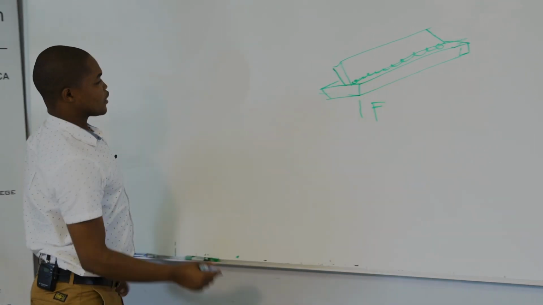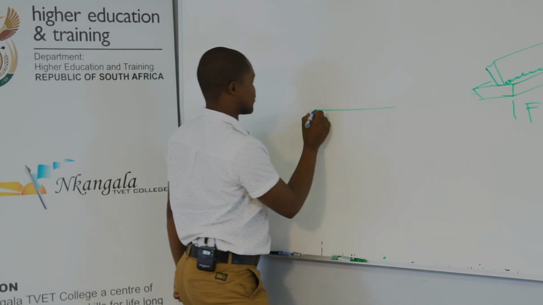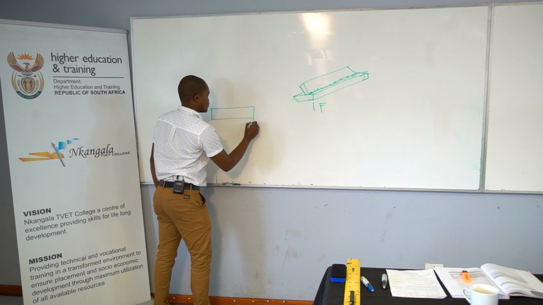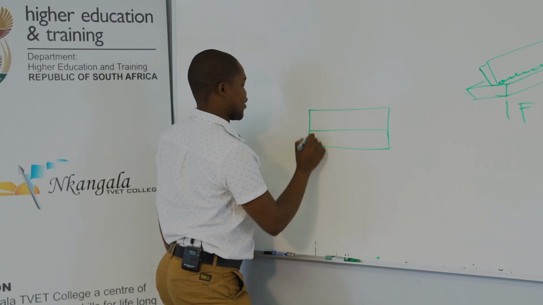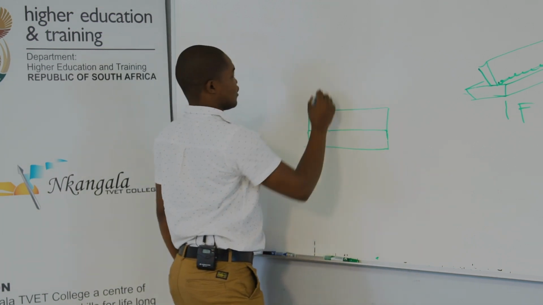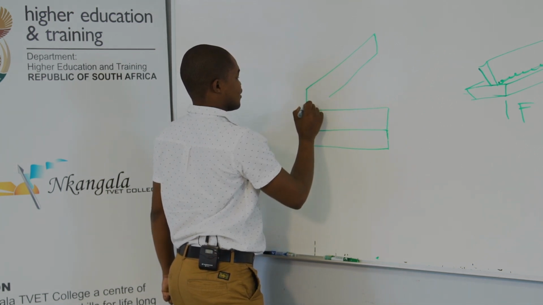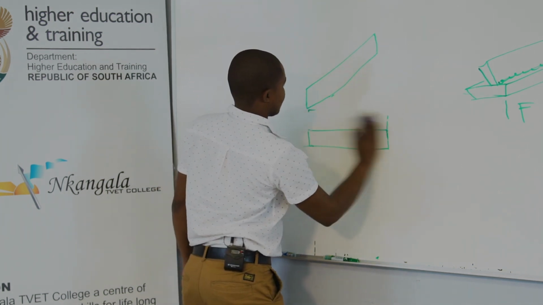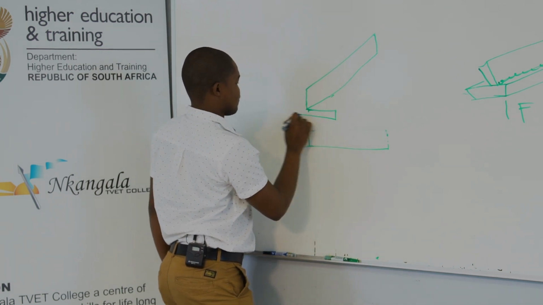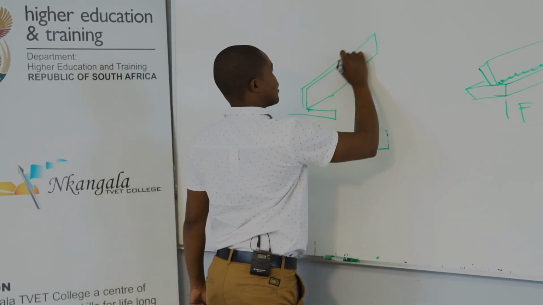And then we've got 2F. The 2F position is going to be a horizontal position that is going to be in this fashion. So this is my workpiece. When you are looking at it from the front, this is going to be my workpiece. You can also put it like this. The 2F position is a horizontal position.